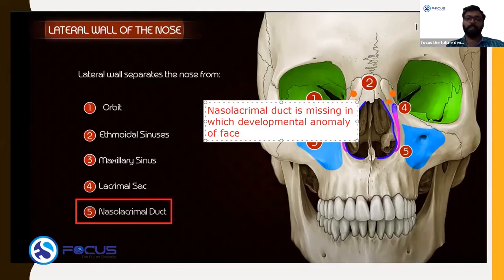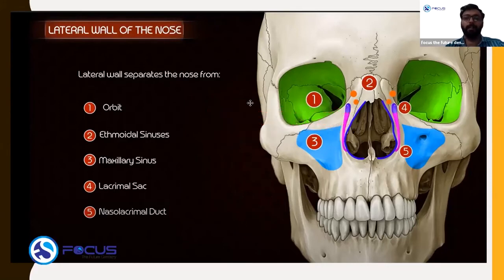The frontonasal process comes down and divides into the lateral nasal and median nasal process. So failure of fusion between the lateral nasal process and the maxillary process may lead to a cleft by the name oblique facial cleft. So the nasolacrimal duct might be missing in those people who have an oblique facial cleft.